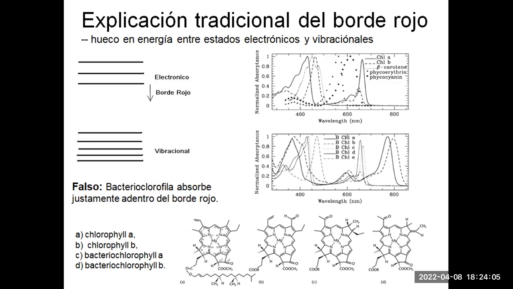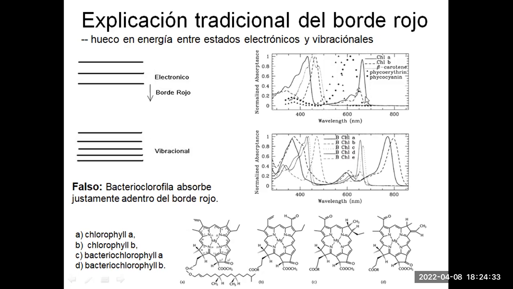So this is the explanation that the biologists give. In fact, we know that there are bacteria which do absorb beyond the red edge. So this is the red edge here. This is normal plants. They have a red edge at 700 nanometers and no more absorption. But if we go to bacterial chlorophyll, then we do get absorption in this red edge. So what's happening?